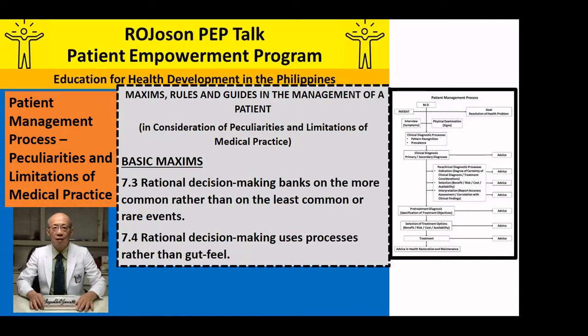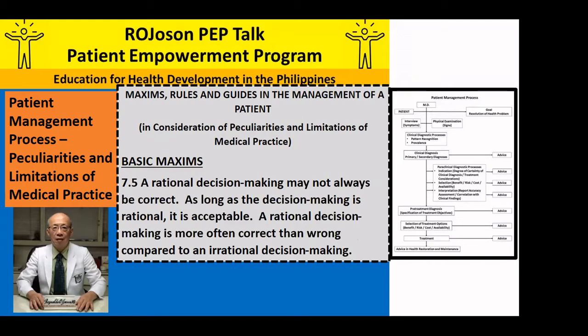It banks on the more common rather than on the least common or rare events. It uses processes rather than gut feel. It may not always be correct. As long as the decision-making is rational, it is acceptable. A rational decision-making is more often correct than wrong compared to an irrational decision-making.